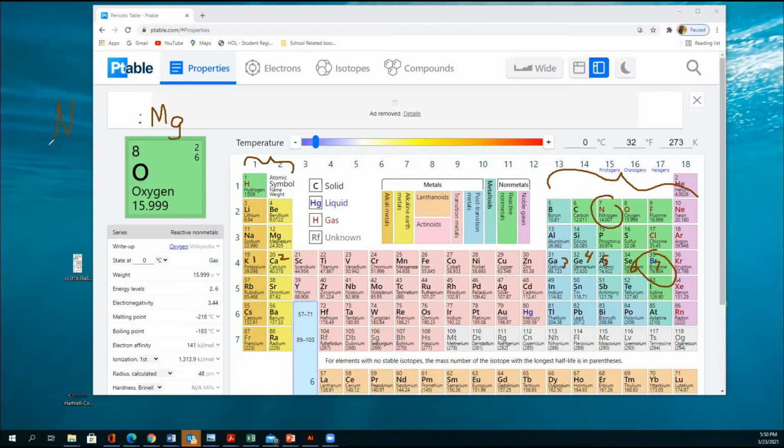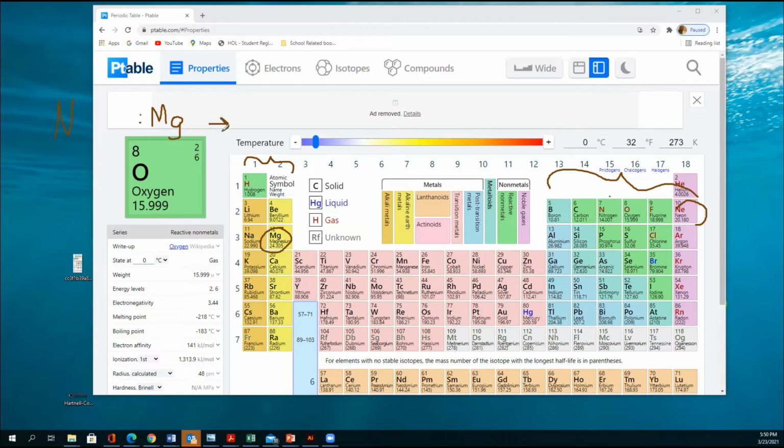So for instance, magnesium is going to want to be like which noble gas? Neon. Magnesium is going to want to be like neon, right? So it can lose 2 electrons and it becomes like neon.